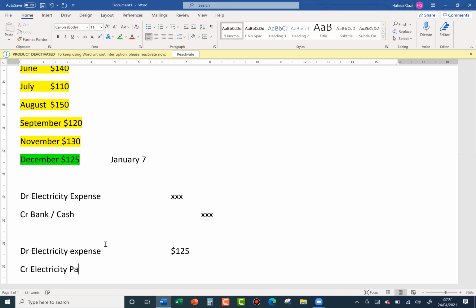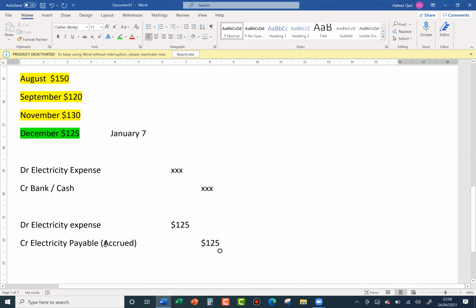Okay. Some people or some books call it accrued electricity, accrued expense, right? So it doesn't matter what you call it. You can call it electricity payable or you can call it accrued electricity. Okay. So this is how we will recognize.